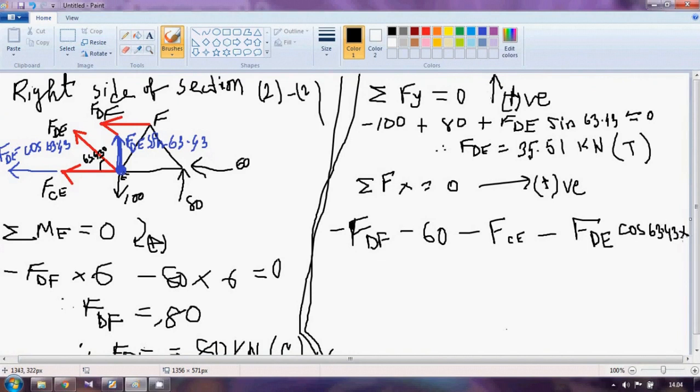Sorry, I'm taking force, not moment, so only force will come. If it were a moment, then I would consider the distance. Any missing forces? F_DF, 60, F_CE, F_DE, equal to 0.